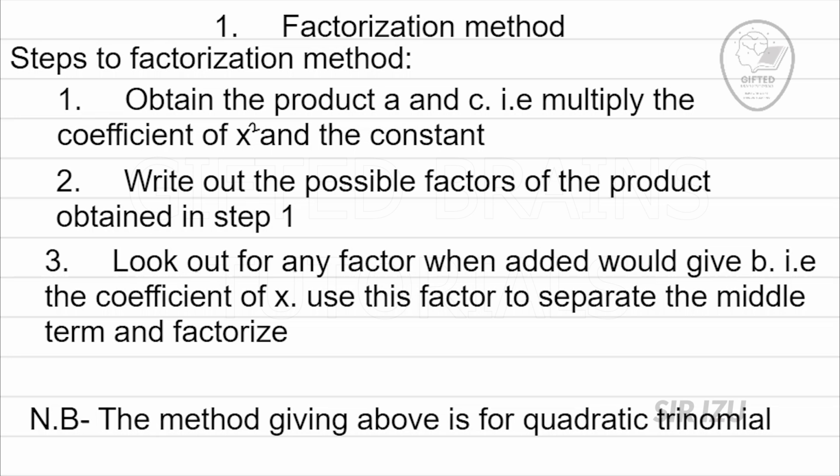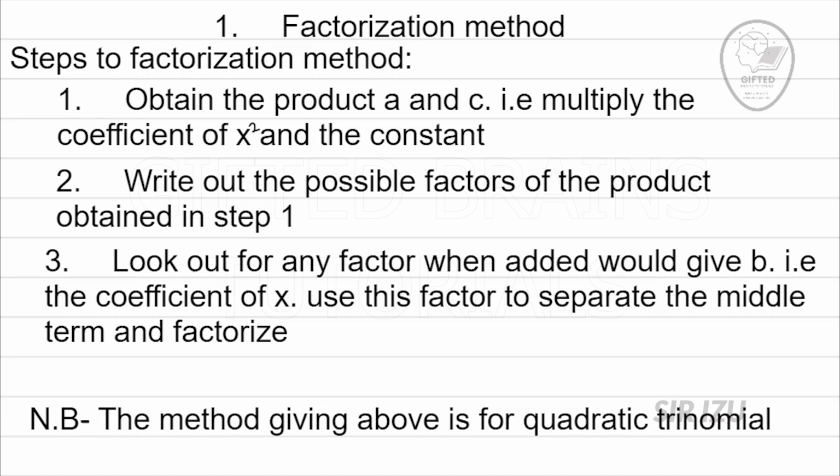That AC you've gotten, find its factors. And step 3 is to look at the factors. If you clearly write out all the possible factors, one of these factors, when added, will give you the coefficient of x, that is the b. It will give you the b. Use that factor to separate the middle term and then get your factorization done.